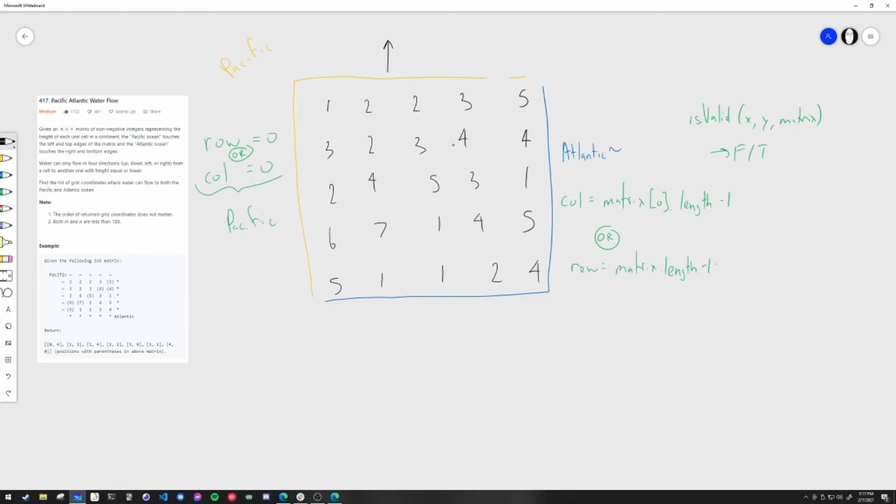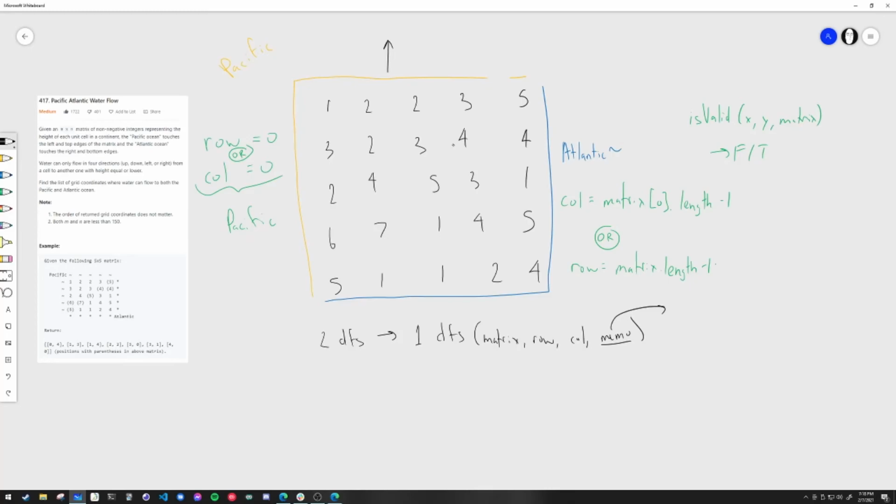Now instead of two DFS functions, we're going to have one DFS function. It's going to take a matrix, a row, a column, and a memo.